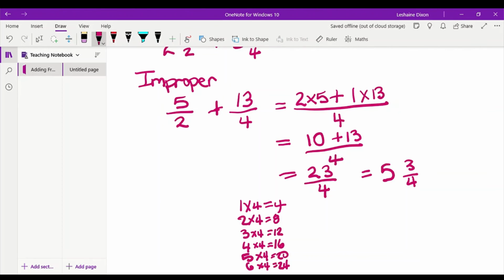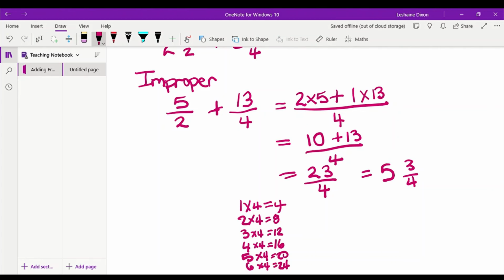Essentially you want to find how many times 4 can go into 23 without a remainder. 4 can go into 23 without a remainder 5 times, and 3 is going to be left, because 4 times 5 is equal to 20. So we're left with 3 over 4. And if you want to double check your answer and convert it back, you have 5 times 4, 20, plus 3, 23 over 4.